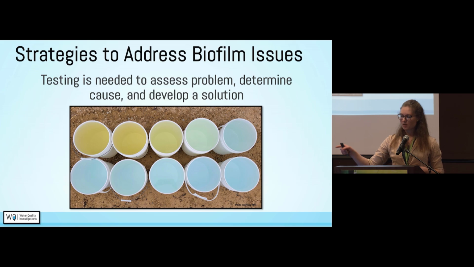But when we pumped it for longer, we could see that the aquifer wasn't necessarily the issue. So we could hone in on where we wanted to test because budgets are limited. We usually have to work with less samples versus more. And so by targeting a specific area, we were able to say, yep, this is biofilm, this is how you need to treat your well.